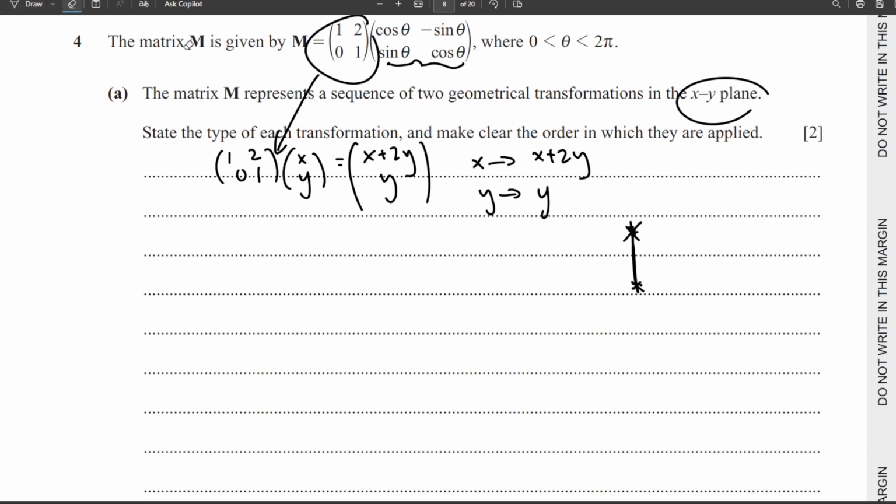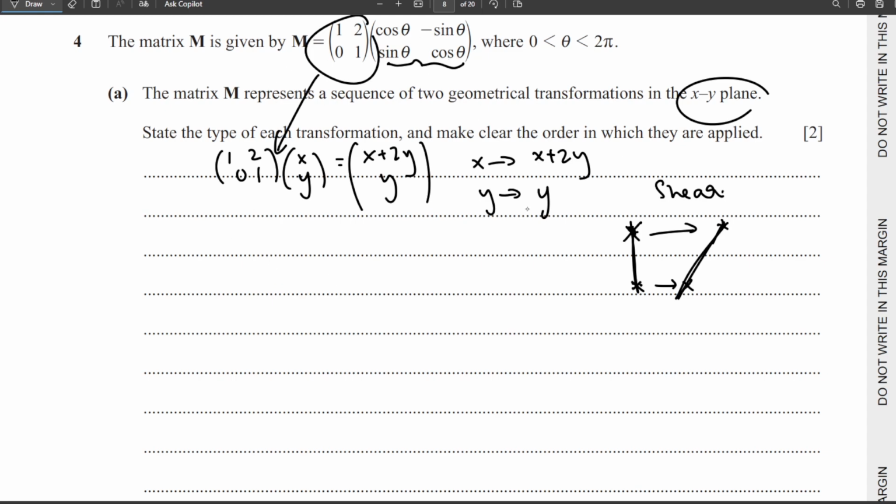The y value is bigger on top, right? So the point further up moves further to the right, and here it is not so much, so it becomes a slanted line. So this one we call a shearing transformation.